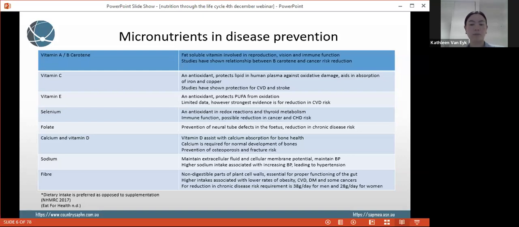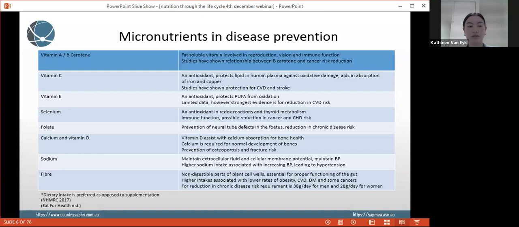Sodium is important for maintaining our fluid balance. However, excess sodium can be an issue for blood pressure, potentially leading to hypertension. So we just want to watch that. We do need some though. And fiber is a really important nutrient, but it's made from the non-digestible parts of plant cell walls and really important for the functioning of the gut.